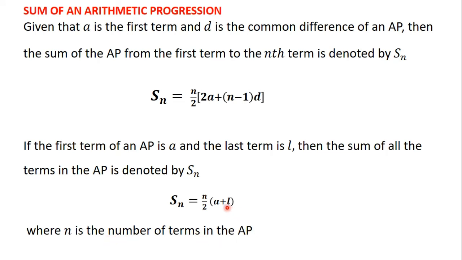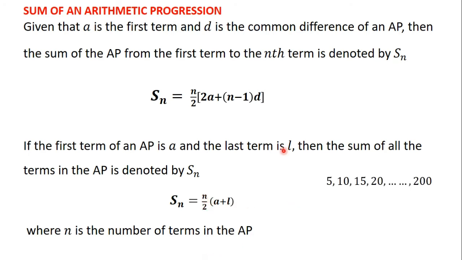So if the first term is a and the last term is l, then we can use this formula to find the sum of all the terms in the AP. a is the first term, l is the last term, and n is the number of terms in the AP.